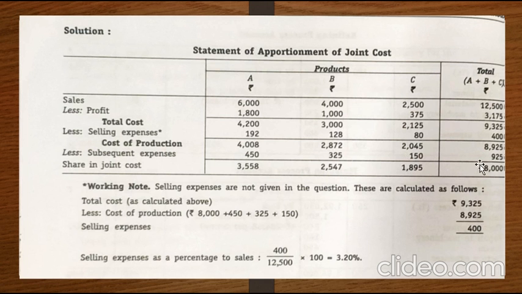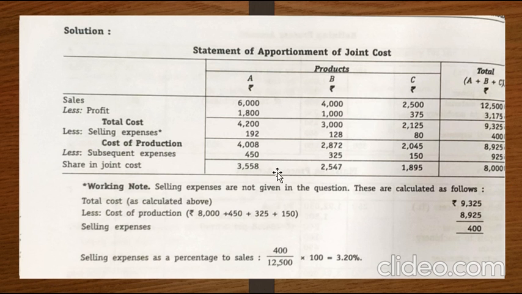The same way, the total of subsequent expenses for A, B, C will be 925. So the total cost of production 8,925 minus 925 will give you 8,000. This is your actual manufacturing expenses for A plus B plus C products, and the apportionment is also shown in this table.